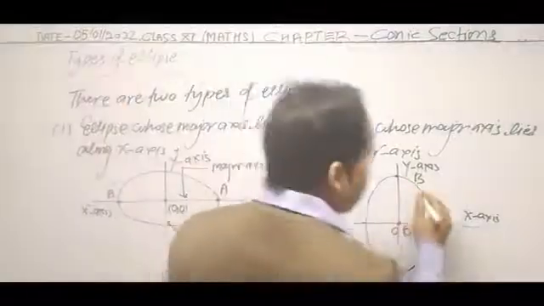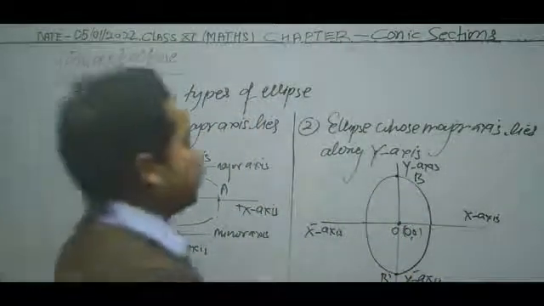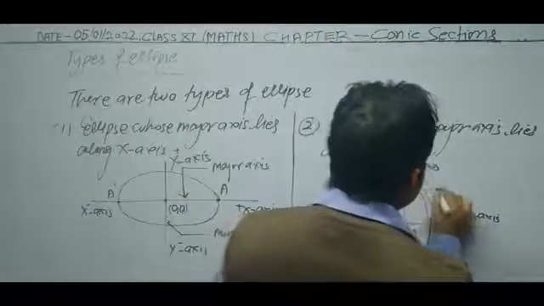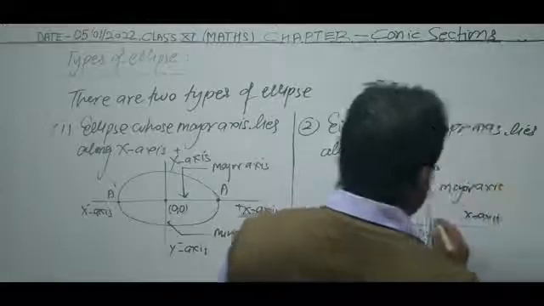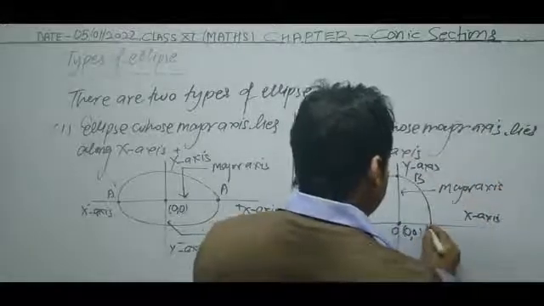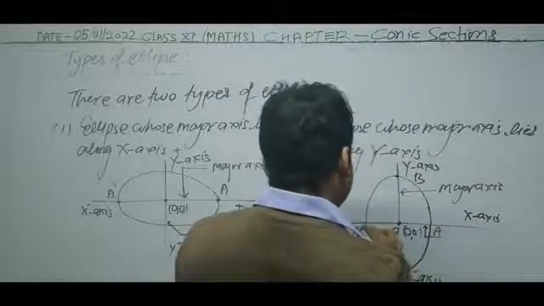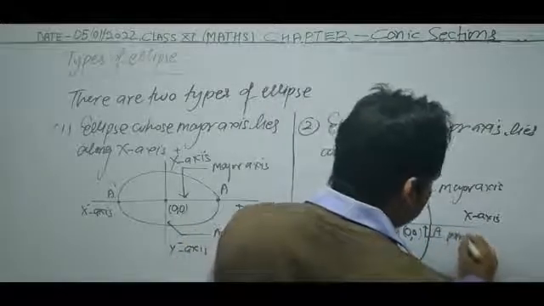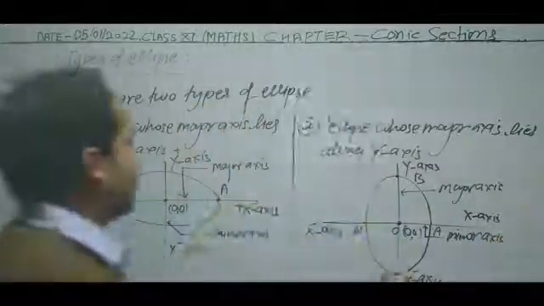Similarly, in the other figure, this line BB dash is the major axis, and this line AA dash is the minor axis.